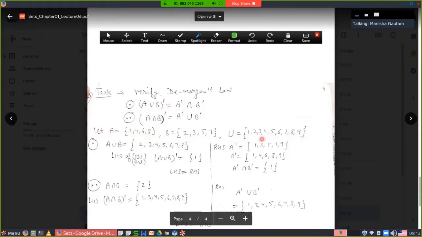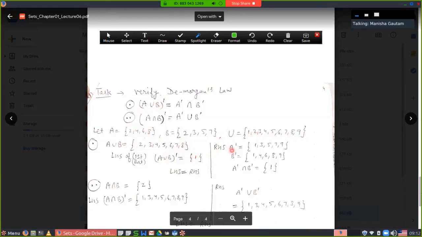Now, before we calculate the complement, you have to take the union of A and B. Combine the elements of A and B. We get 2, 3, 4, 5, 6, 7, 8. Now, the complement of this set means go to the universal set. Delete all your A union B elements from the universal set. What is left here? Only 1.